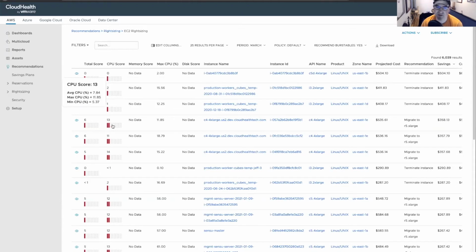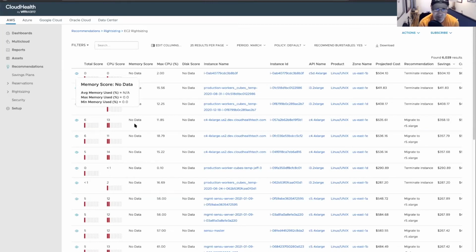And it gets there by looking at various different metrics. So the first thing you're going to ask is, well, it can't see the memory. Well, it's because memory is an operating system specific metric. And unless you tell CloudHealth to collect it, and unless you're reporting it from your instances into CloudWatch, it's not going to pick it up. There are integrations with various monitoring tools. So things like Datadog and New Relic and Wavefront, those will all integrate with CloudHealth via an API.